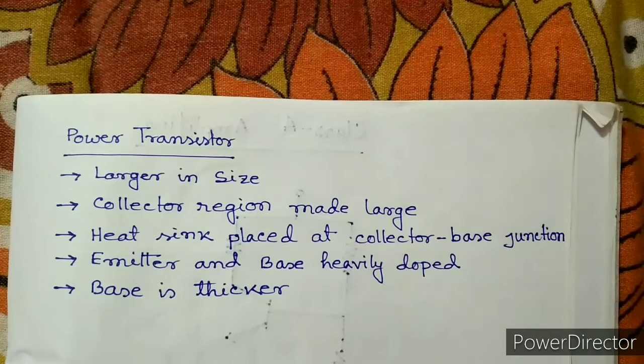Also, in the device structure, the emitter and base region are heavily doped for a power transistor. In case of a normal transistor used for voltage amplification, the base region is not heavily doped.